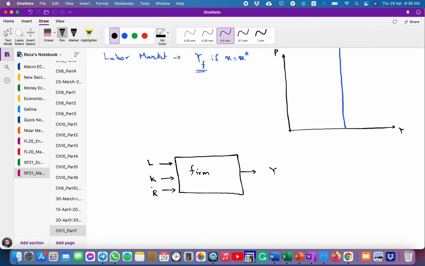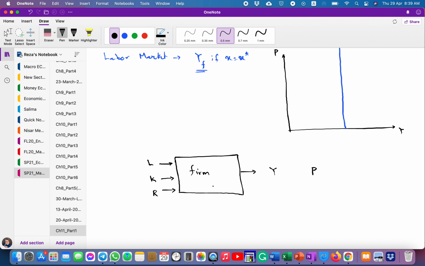Each of these markets has its own equilibrium, but in the goods market firms decide how much to produce once the price is known.